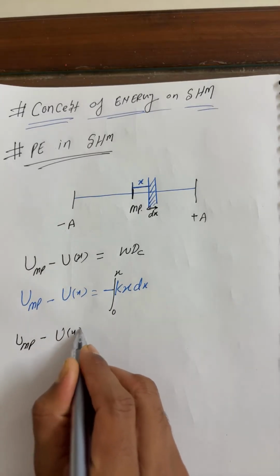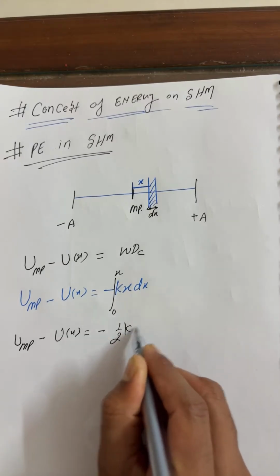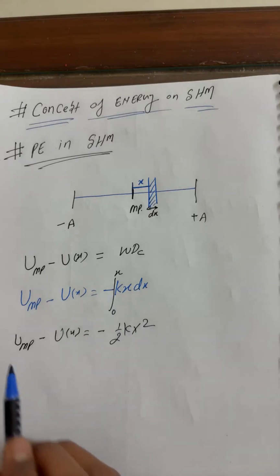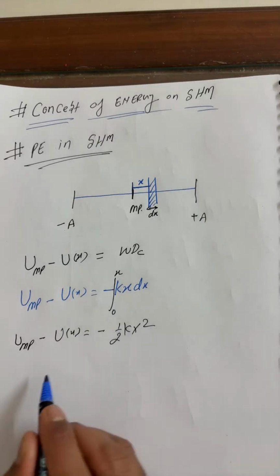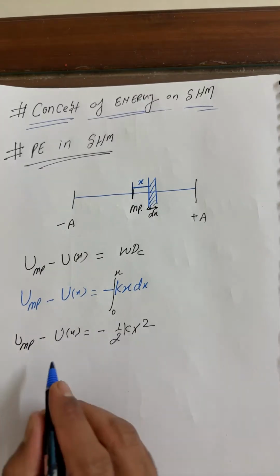Into, beta, U as a function of x minus half kx squared. So this is the potential energy as a function of x.